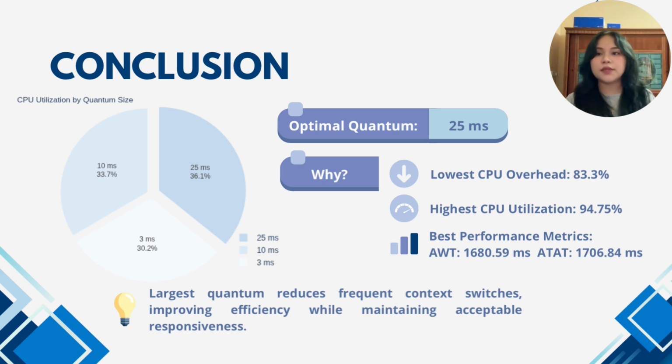Additionally, it delivers the best performance metrics with an average waiting time of 1680.59 milliseconds and average turnaround time of 1706.84 milliseconds. In summary, using a larger quantum reduces frequent context switches, thus improving the efficiency while maintaining acceptable responsiveness.